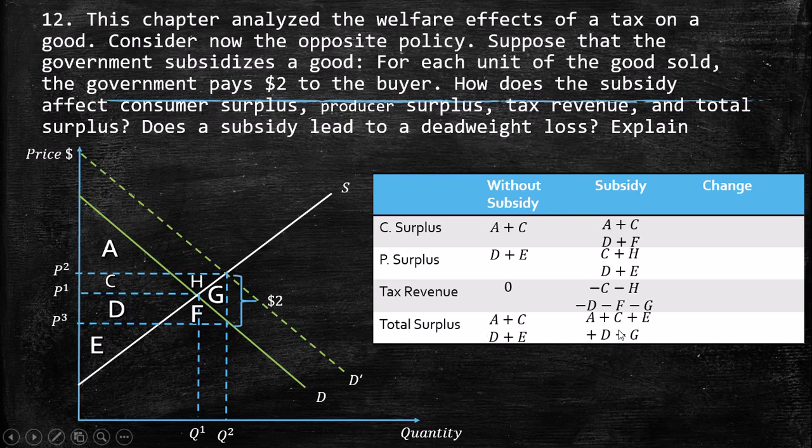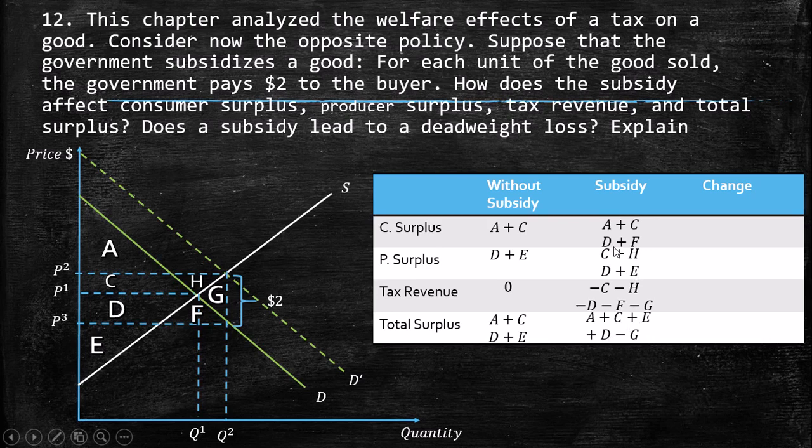So what is now the total surplus? You have to sum carefully. A is going to be here. C minus C cancels out, but plus C is still here. E is still here.